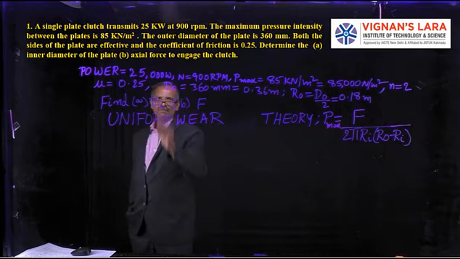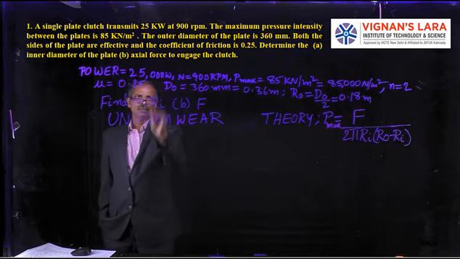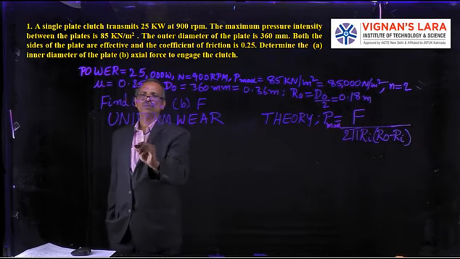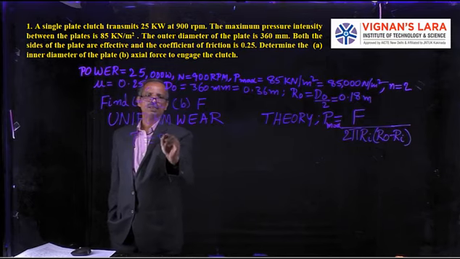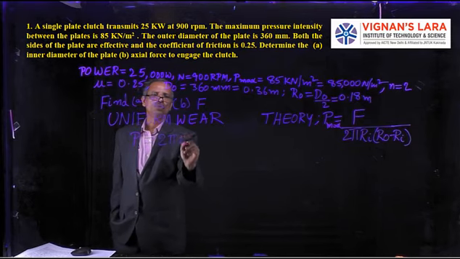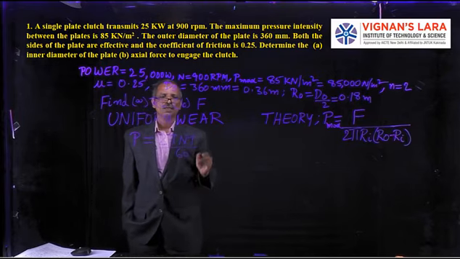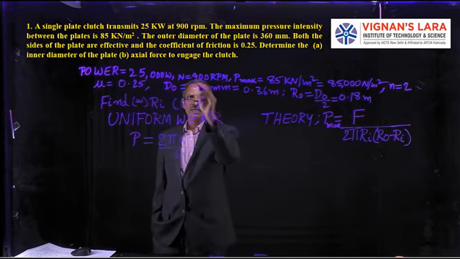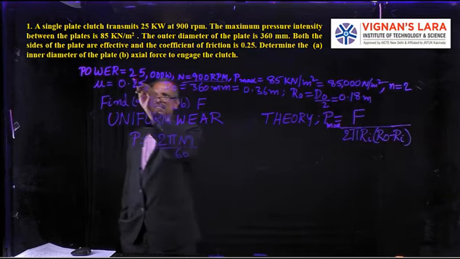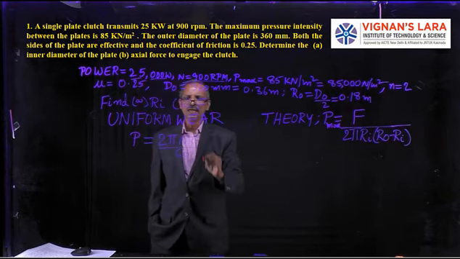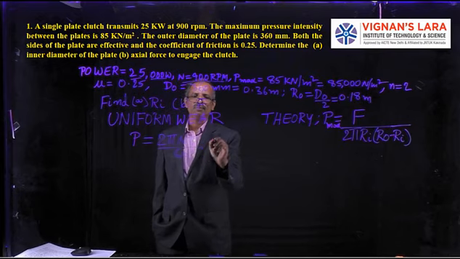We are given the power, that is 25,000 watts. We know the equation: power is equal to 2 pi N T by 60. N is given, power is given, so the torque can be obtained.